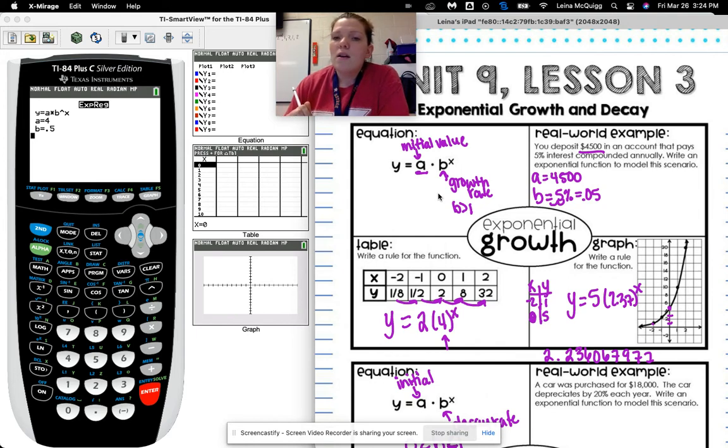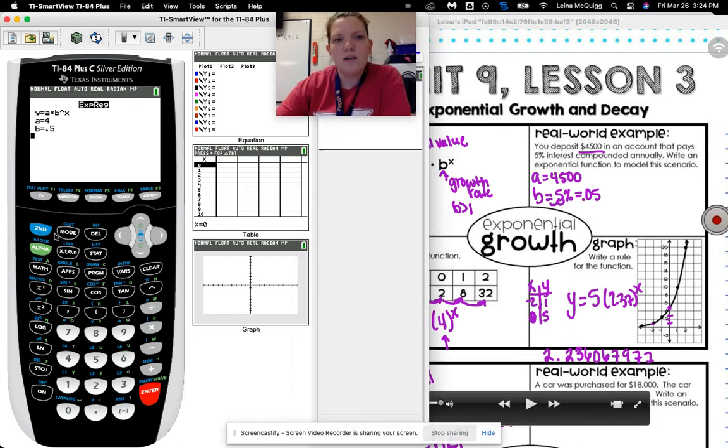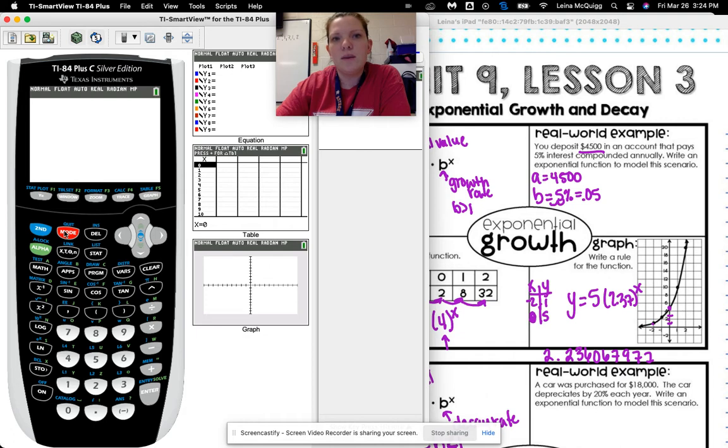And I don't want to just keep this as 0.05 because I'm not going to take, let me show you in my calculator. I'm going to show you this again in my video tomorrow. In my calculator, if I did 4,500, because my equation right now, what I'm thinking is my A value is 4,500 times my B value is 0.05, right?